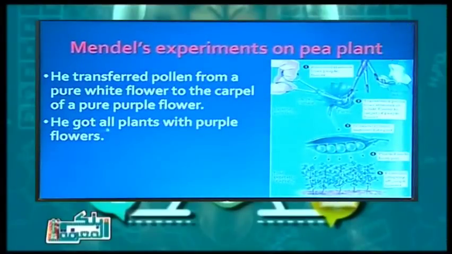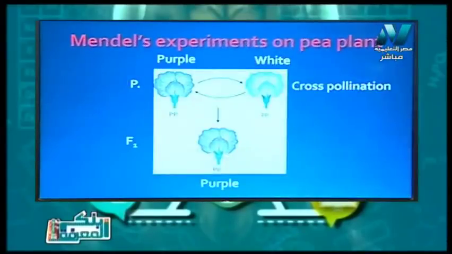Then he got all plants with purple color. This is one of his experiments. When he cross-pollinated a purple flower with a white flower, he found that all the first generation were purple, as you see in this picture.